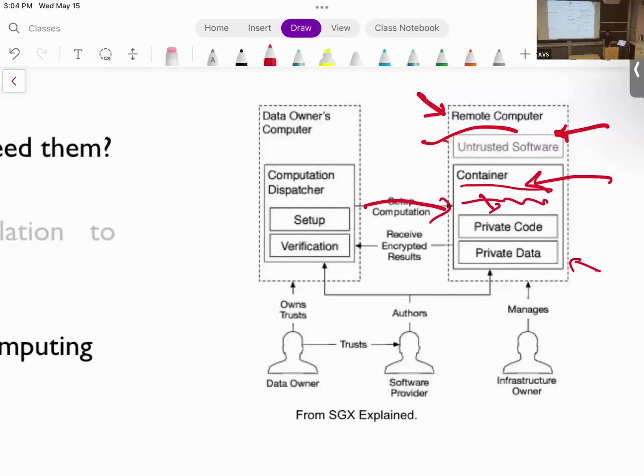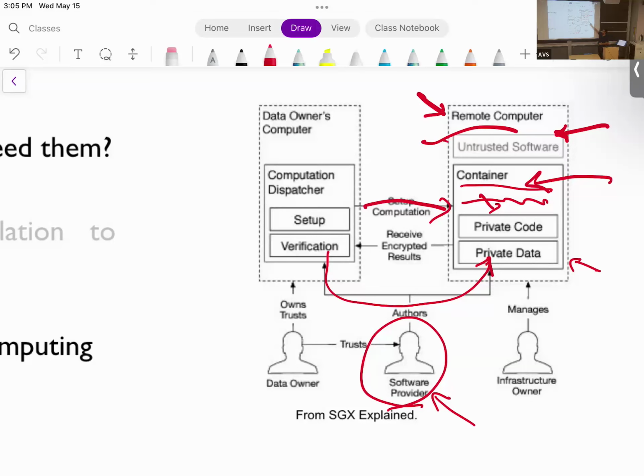And how do I trust this? I trust this by essentially trusting the software provider. Sorry, not the infrastructure owner, the software provider. Essentially, as long as I trust the third-party entity that built this container environment, then this system will work. Okay.